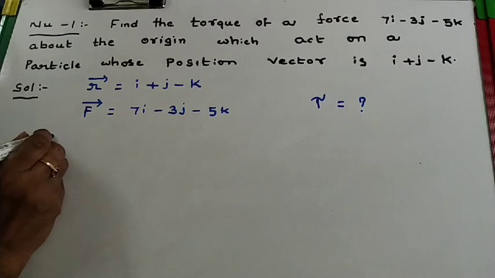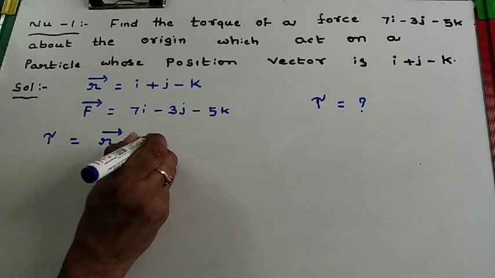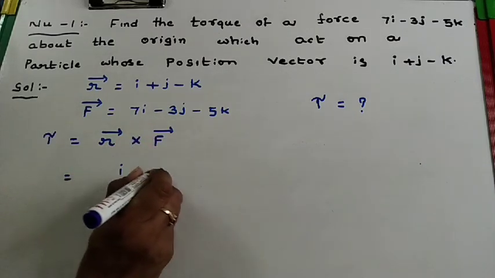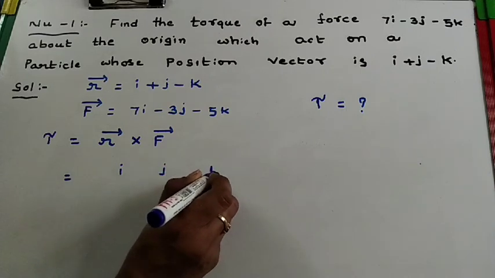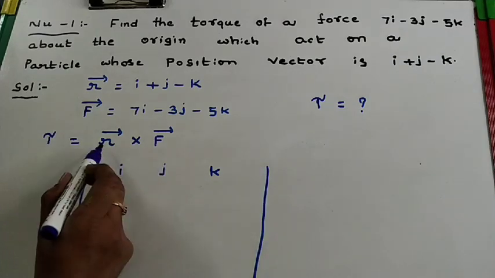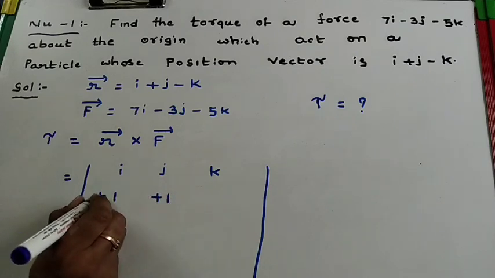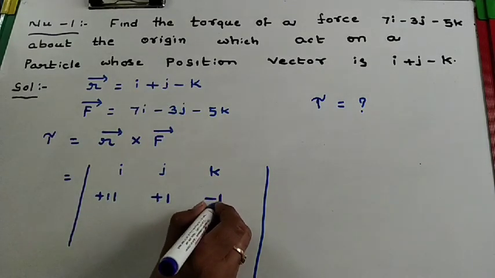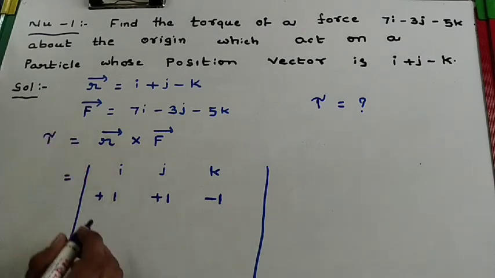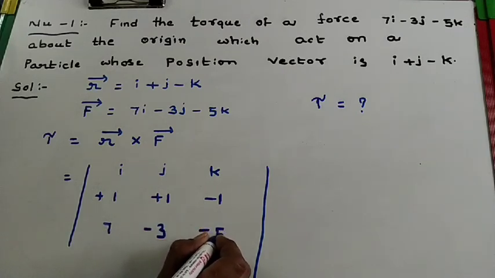Torque is equal to perpendicular distance into force, that is equal to i j k. The position vector is 1, 1, minus 1 and the force is 7, minus 3, minus 5.